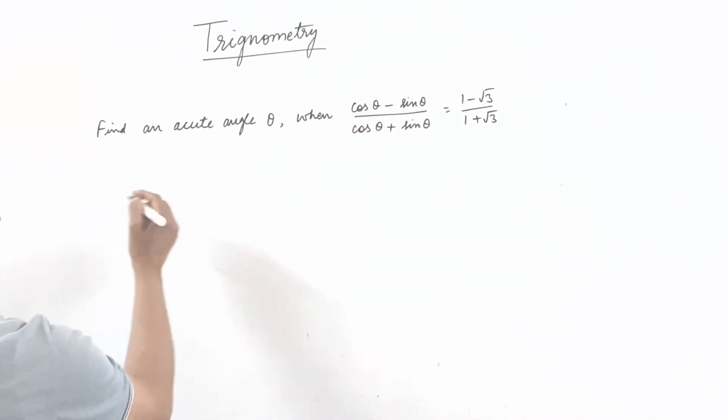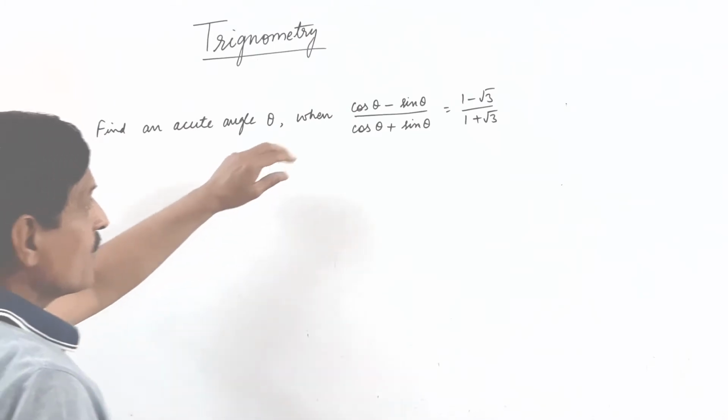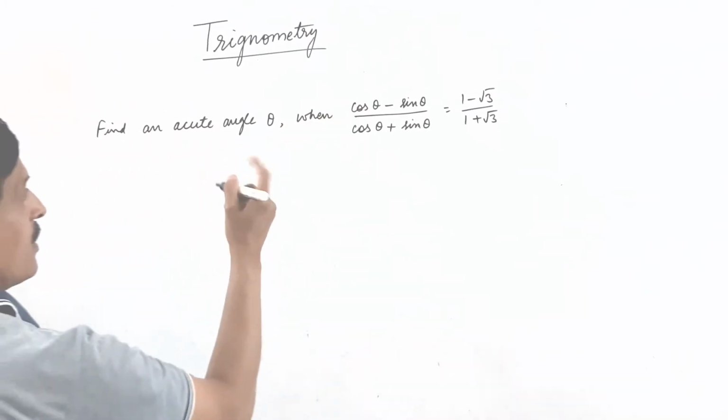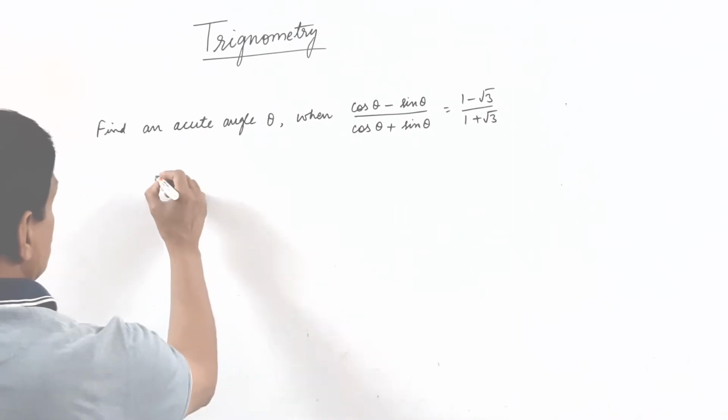Here we divide the numerator and denominator on the left side by cos theta.